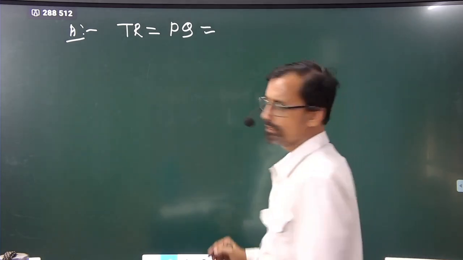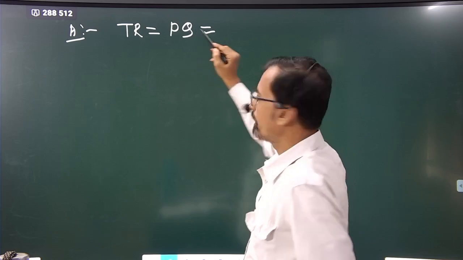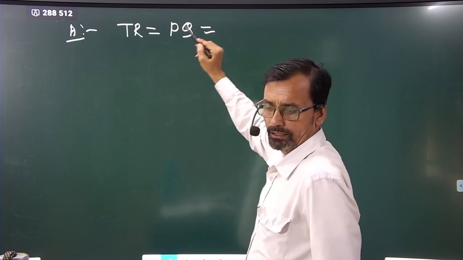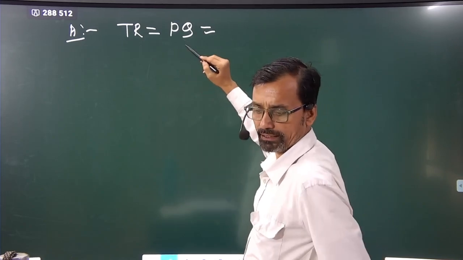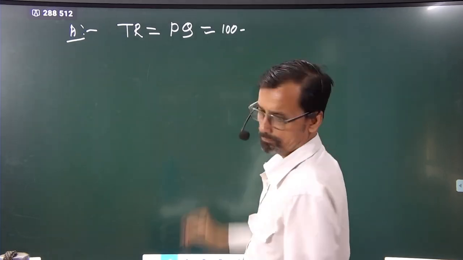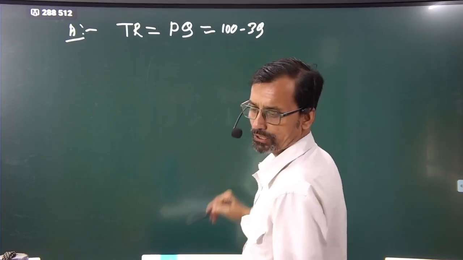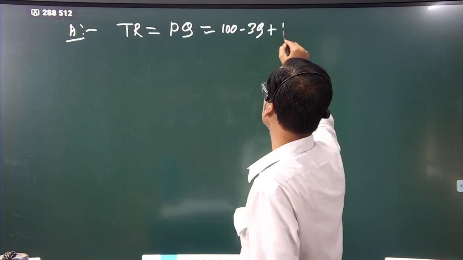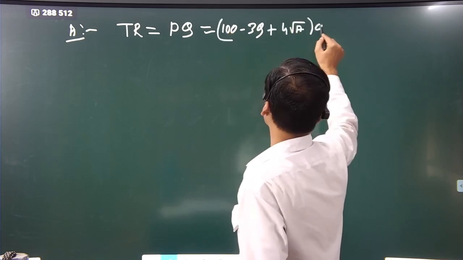What is the value of P given? P is 100 minus 3Q plus 4 square root of A, the demand function given, which will be multiplied by Q.